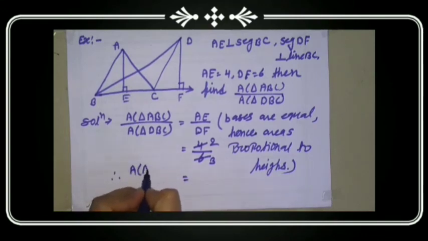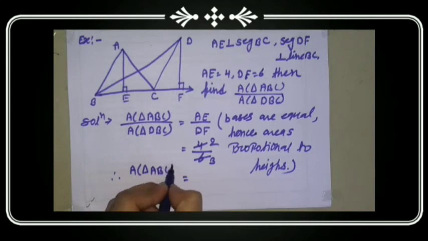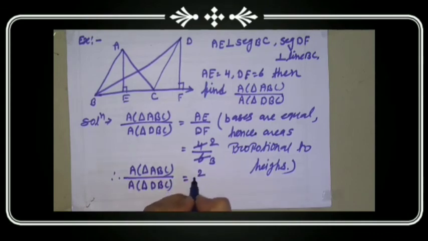Therefore, area of triangle ABC divided by area of triangle DBC equal to 2 by 3. Answer.